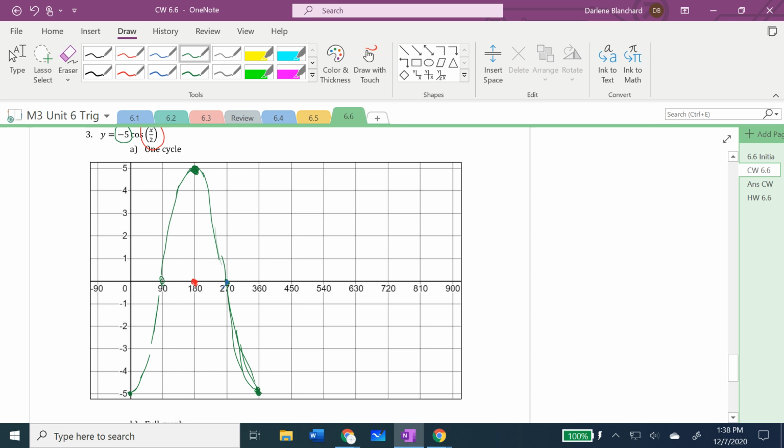What is 180 times 2? 360. And then I'm going to go back to when x is 0, 0 times 2 is still x coordinate 0. Now this has gotten me halfway through a cycle, so let me show you what we've got so far.